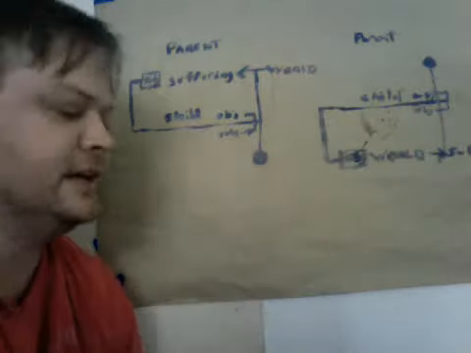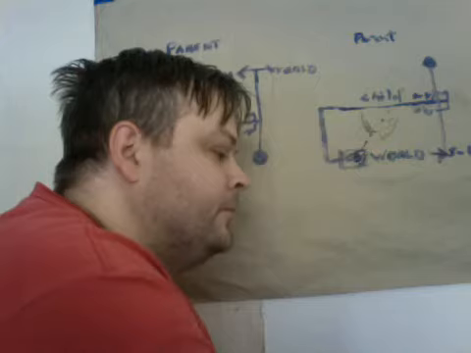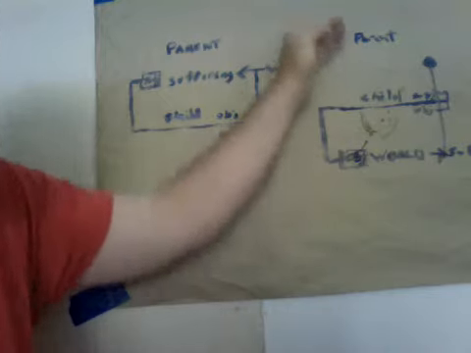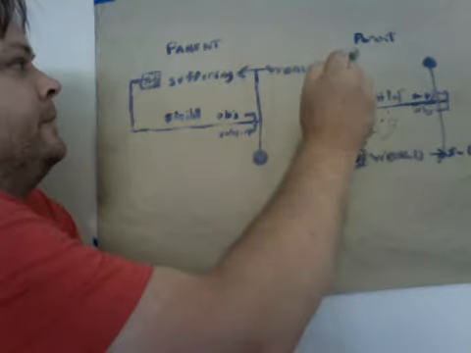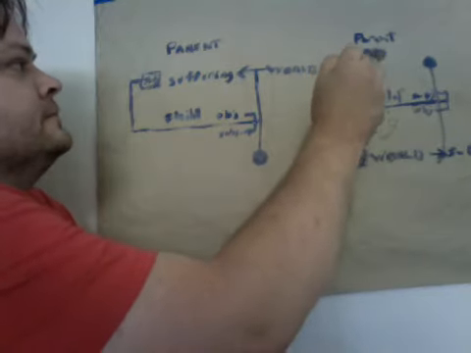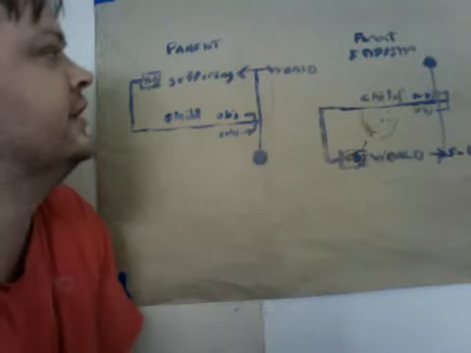Now, the reason I say the imposition argument is dead is because in this case over here, the parent imposes the child upon the world. We put imposing right here, or imposes, or imposition right there.